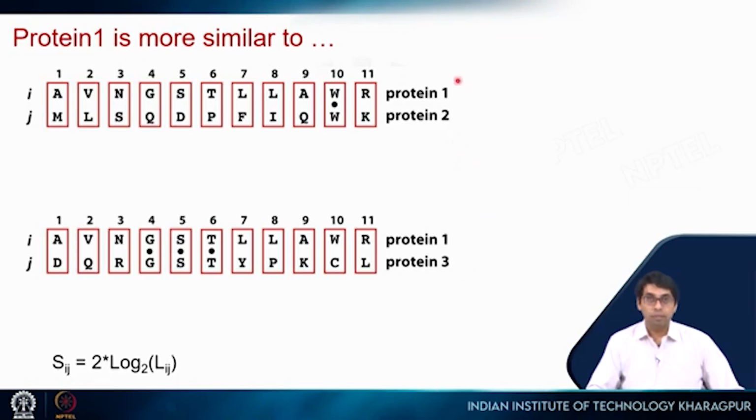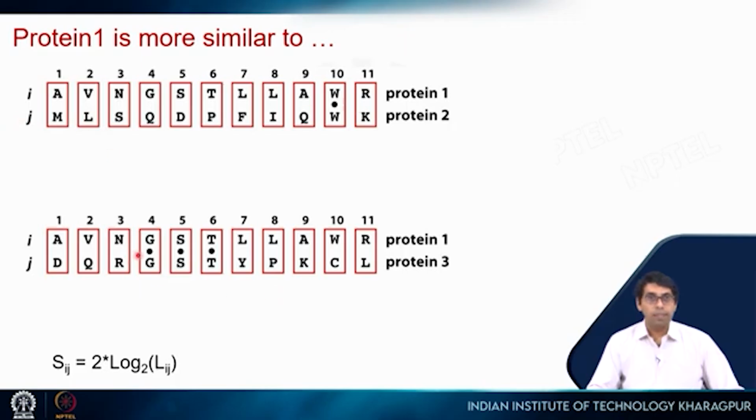So let's say these 3 sequences come from the same protein but from different species. Based on that we can also answer whether species 2 is more similar to species 1 or species 3 is more similar to species 1, right? If you look at this, here only one amino acid is identical, everything else is different.